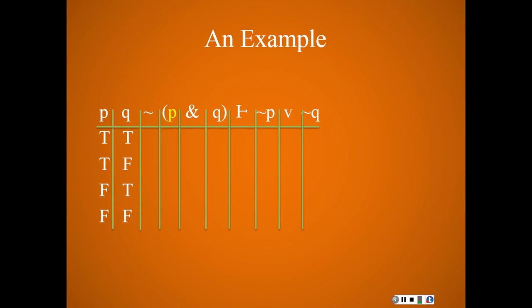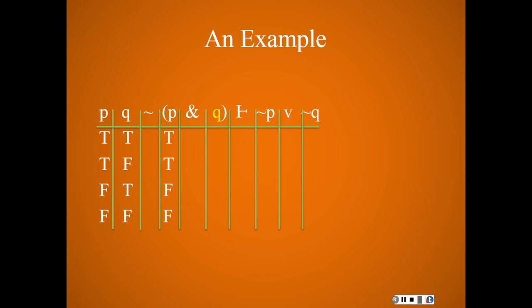I'm going to begin by evaluating the premise of my sequence. My premise is the negation of this conjunction here. I'm going to begin by writing down the truth values for the conjuncts of the conjunction. So I'll begin by writing down the truth values for P. Of course, all I need to do is copy the column for P over on the left over here.